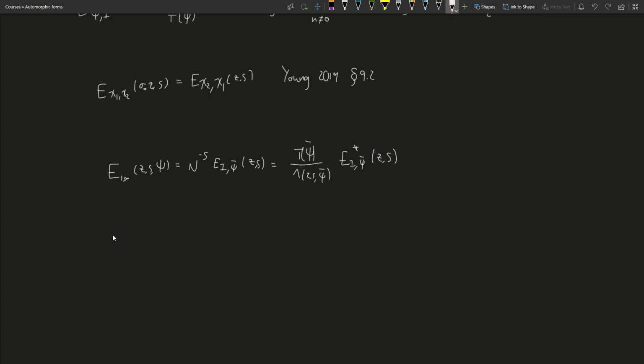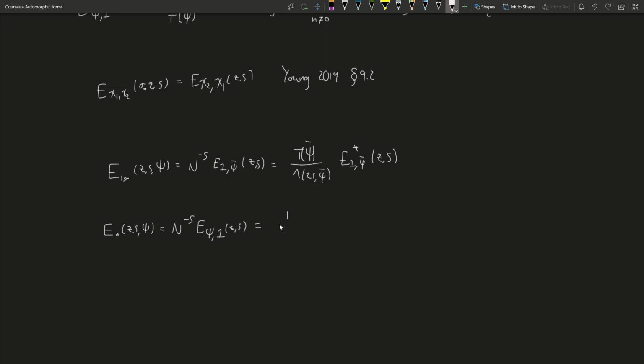And for the other cusp, E_0(z, s, ψ) is going to be equal to N to the minus s, E(ψ, 1, z, s).